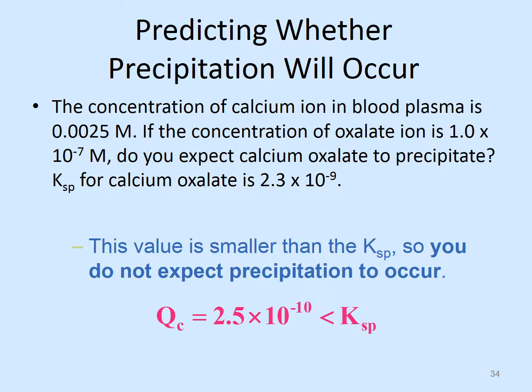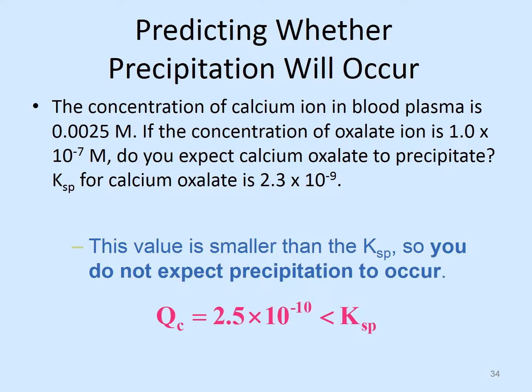You basically do the problem the same way, except if you're mixing, say, 20 milliliters of 0.5 molar calcium and 30 milliliters of 0.25 molar oxalate, you're going to have to figure out how many moles of each of those you have, and then divide again to find the concentration once you know the total volume.